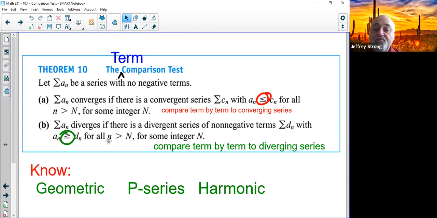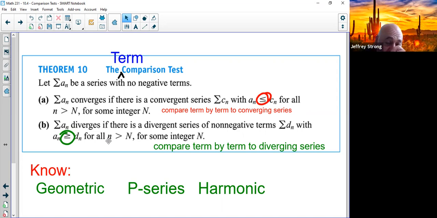Okay, so there you compare term by term to a diverging series. So if your series term by term is greater than a diverging series, then it diverges. Or if it's less than a converging series, then it converges.